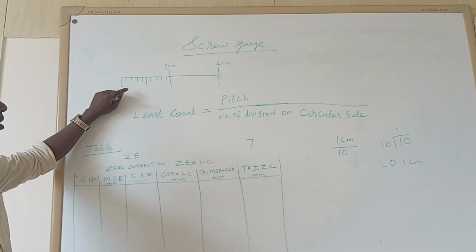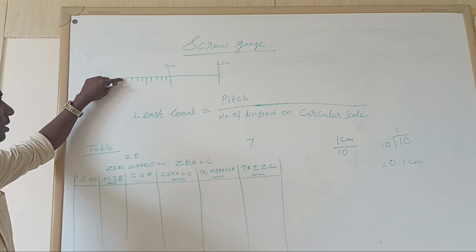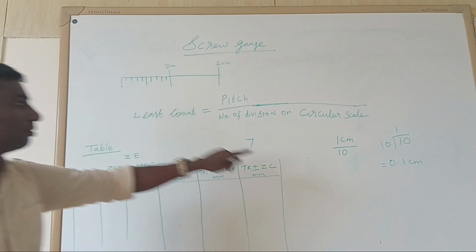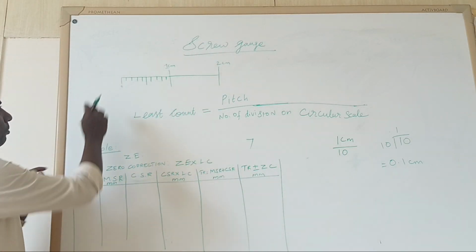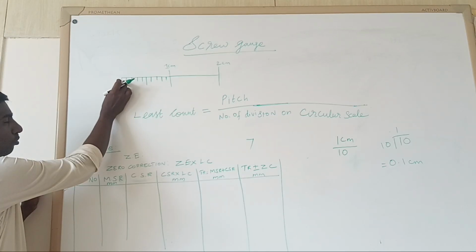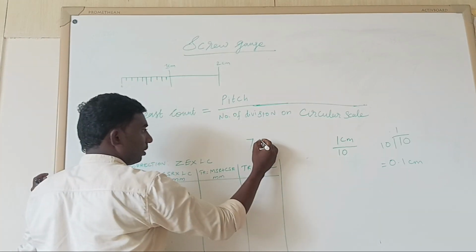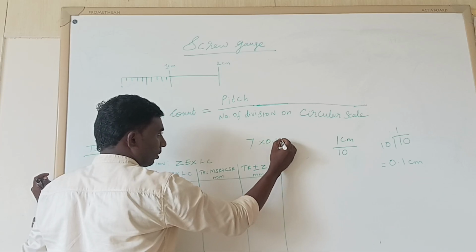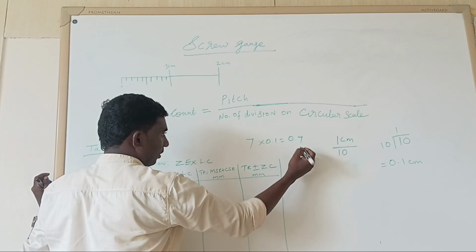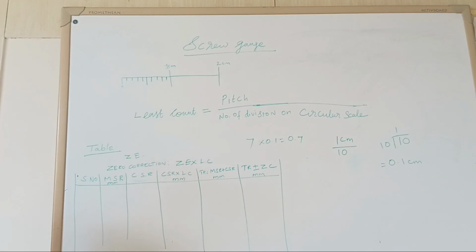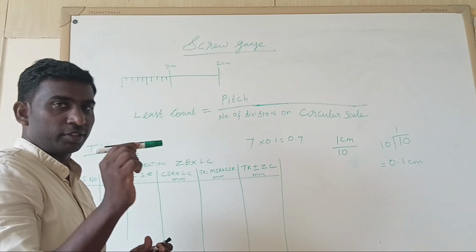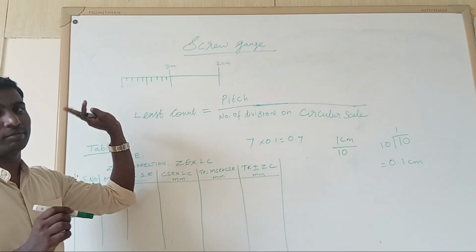The smallest distance is 0.1 centimeters. So one line is 0.1, and 7 times 0.1 equals 0.7. So this marker is 0.7 centimeter.